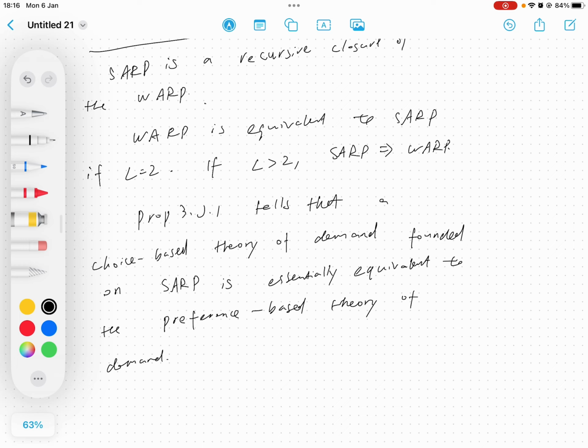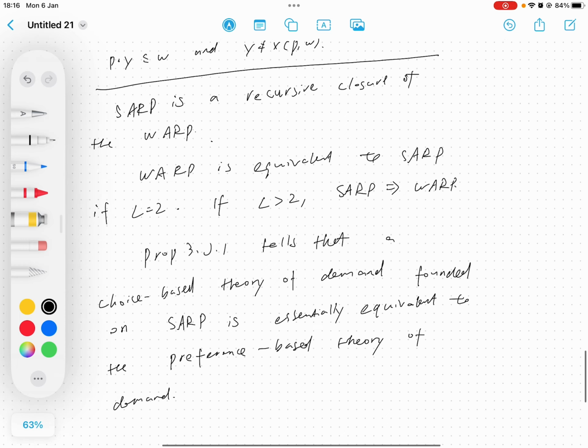So here we have another connection between the PBA and CBA.